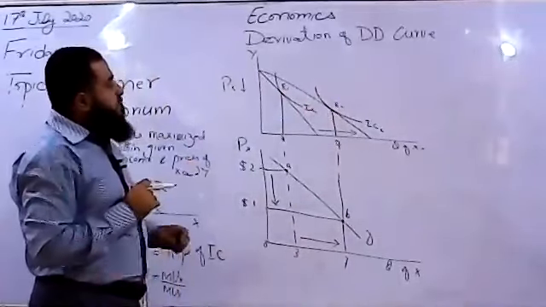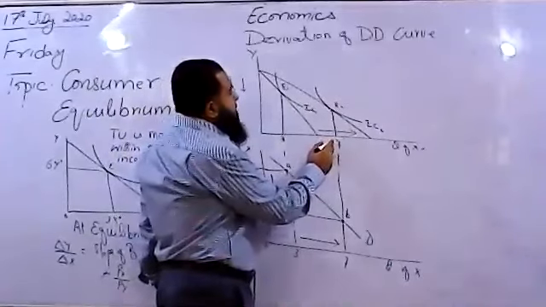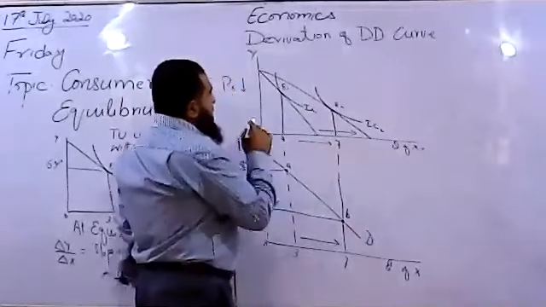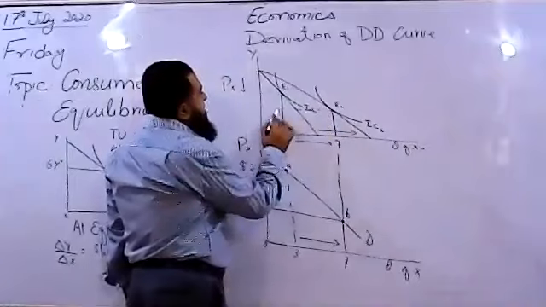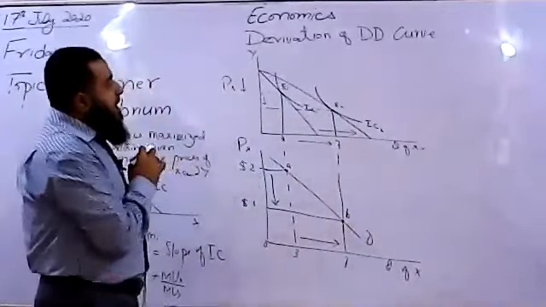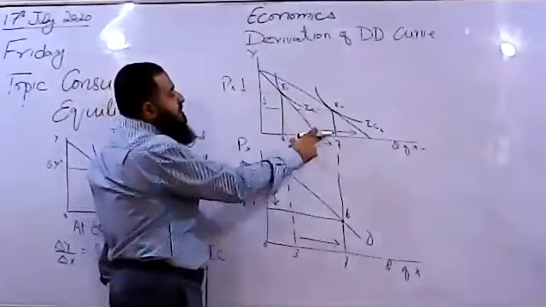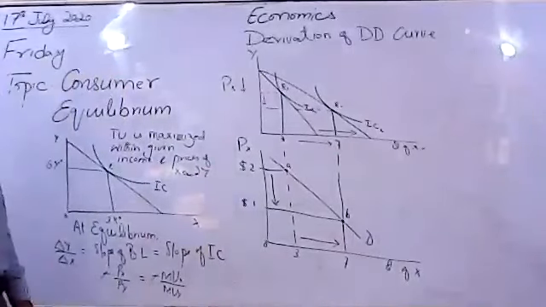So he buys more of commodity X. Now 7 units are consumed. And you can see as X has become relatively cheaper than commodity Y, the consumer is consuming less of Y and is spending more of his income on buying commodity X.